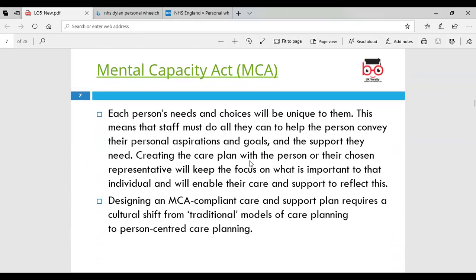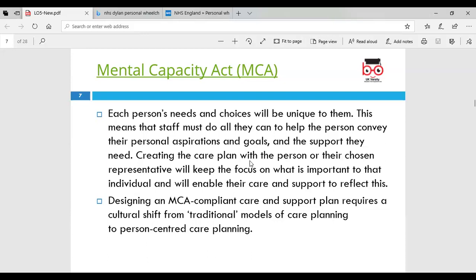So they should be open. There should be transparent, inclusive communication about whatever plans and needs there are. Creating the care plan with the person or their chosen representative will always keep in focus what is important to that individual. This will enable their care and support to reflect this.